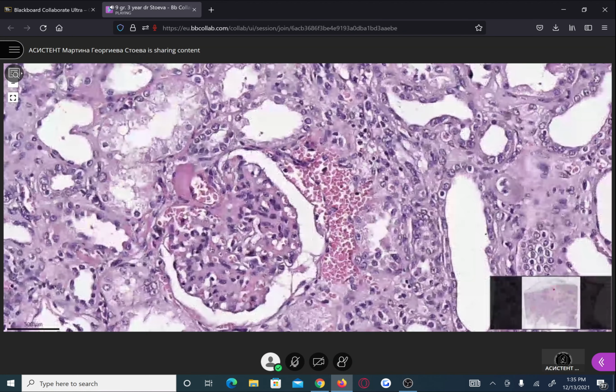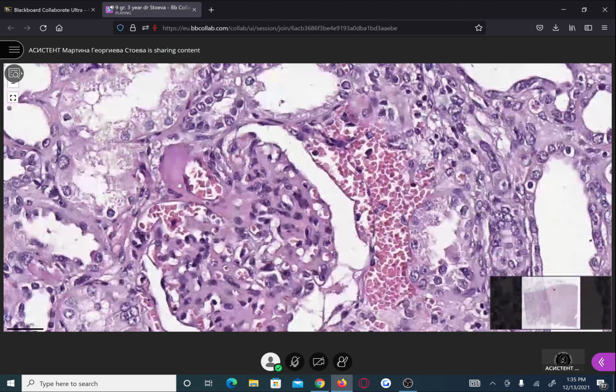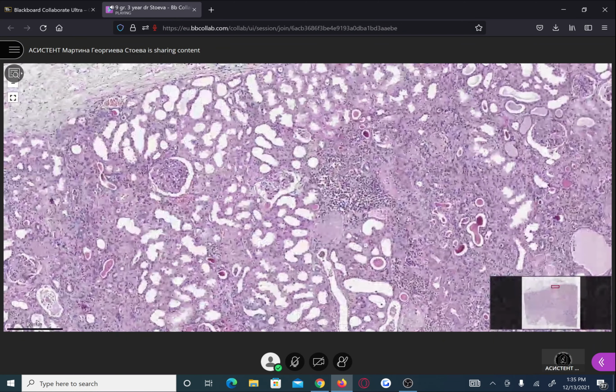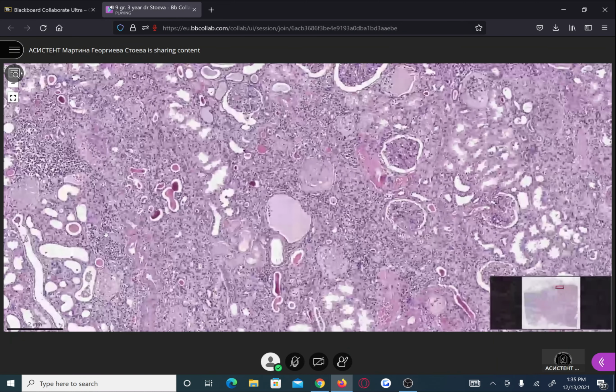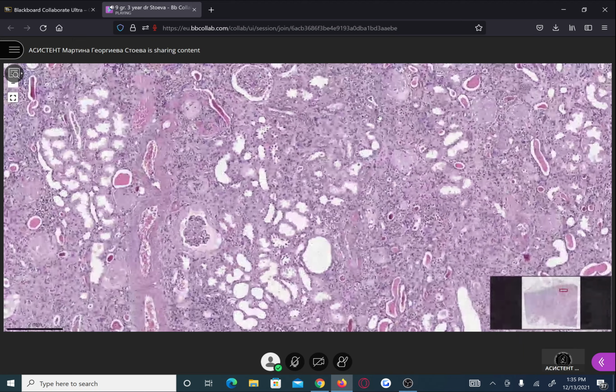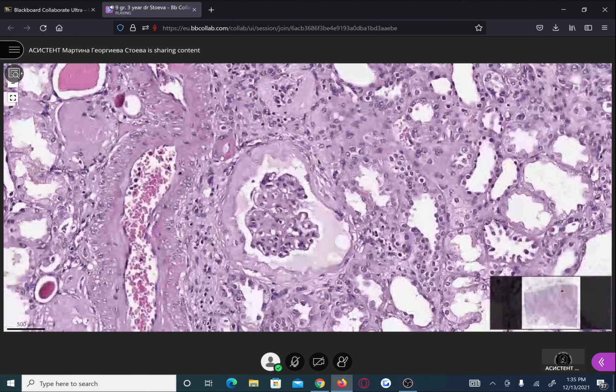Here again, next to the glomerulus, we can find an arteriole with severe hyalinization in the wall. Another arteriole with hyalinization.